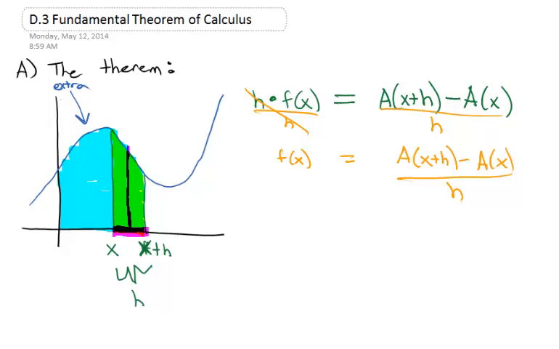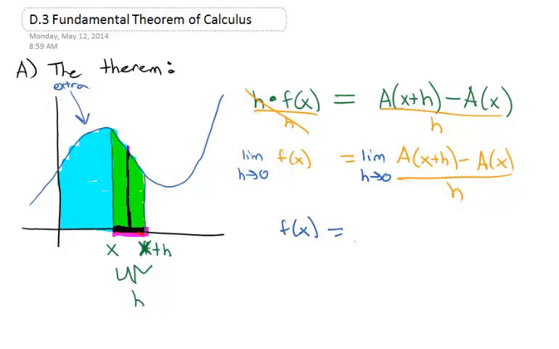Where it starts to get kind of fun is when we take that h, that distance between the two, and we shrink it down to 0, where we take the limit as h goes to 0 of both sides. What's neat here is that the limit as h goes to 0 of the function is still the function. That's not going to change.